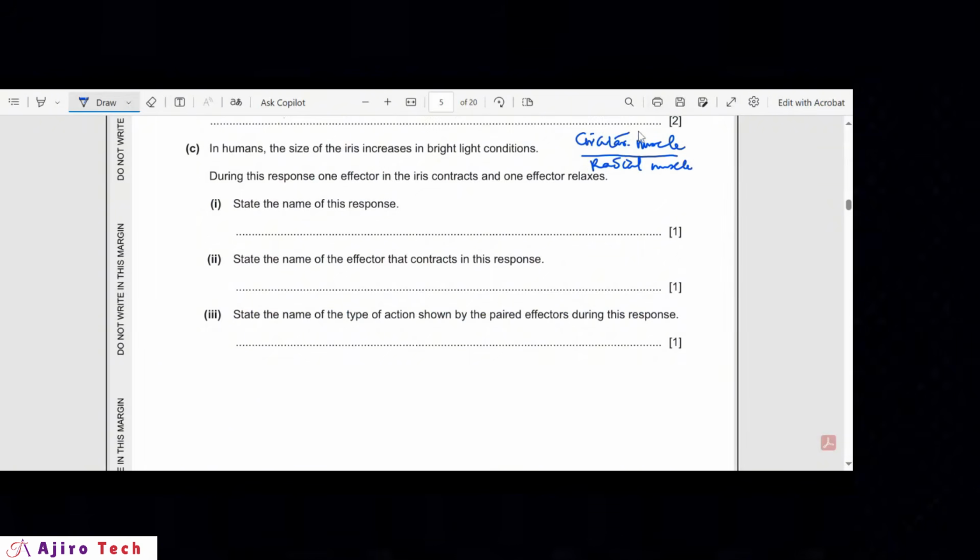The circular muscle of the iris contracts to constrict the pupil. And when the circular muscle contracts, the radial muscle will relax because these two muscles are antagonistic.